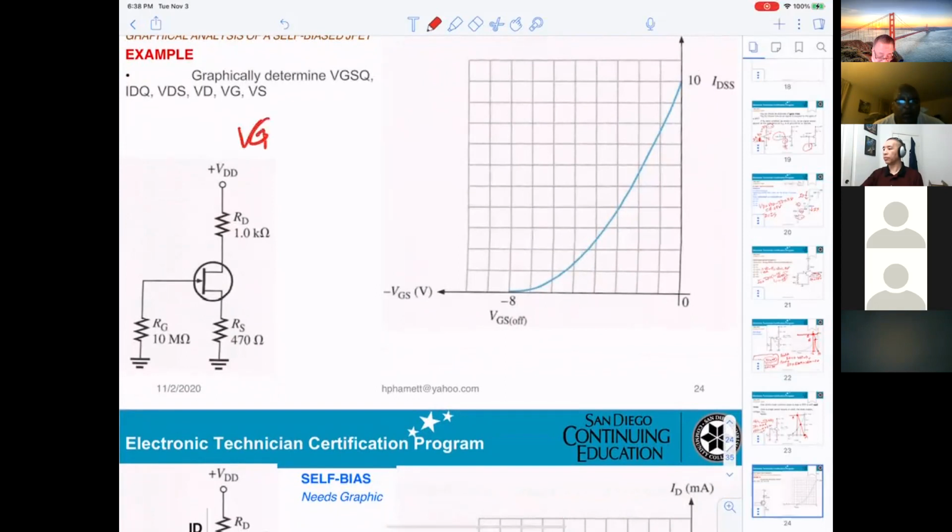VGS equal minus ID times RS. That's what we already did the calculation for. So the first thing you can pick from here, okay?